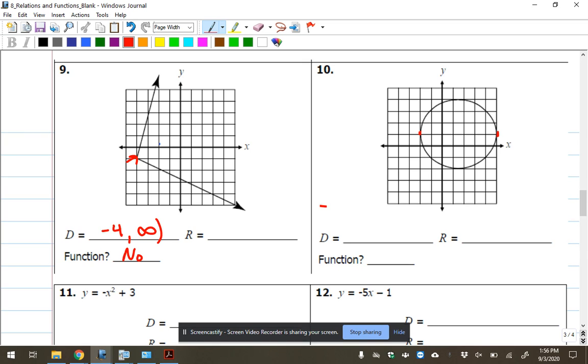Now, why a bracket on the -4? Yes, because that is a point on the graph, so we're going to use a bracket for the -4. What about range? Remember, we're going to read bottom to top. Negative infinity to infinity.